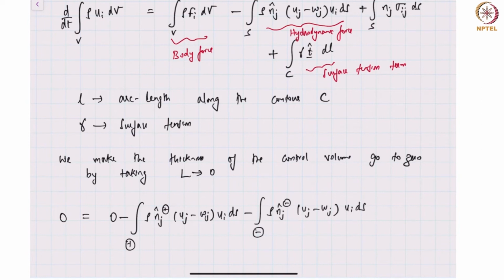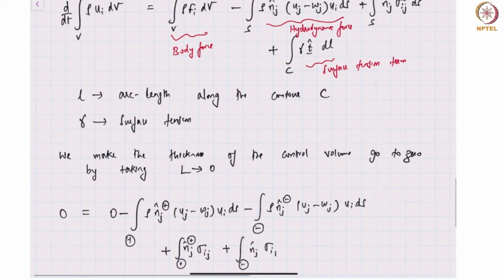Then we have the stress term, stress tensor term, which is plus nj sigma ij, where this is plus side. I have plus nj sigma ij on the minus side.